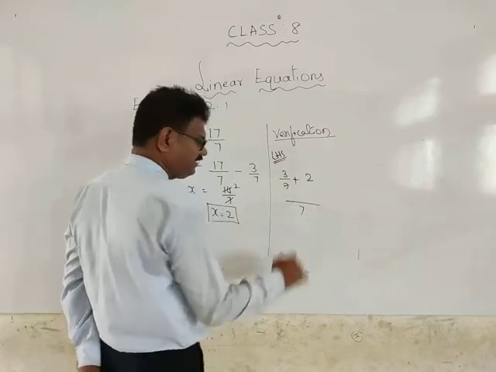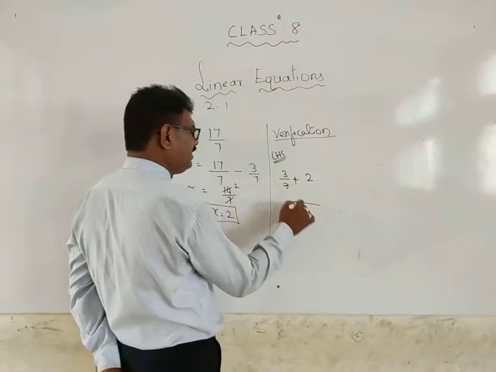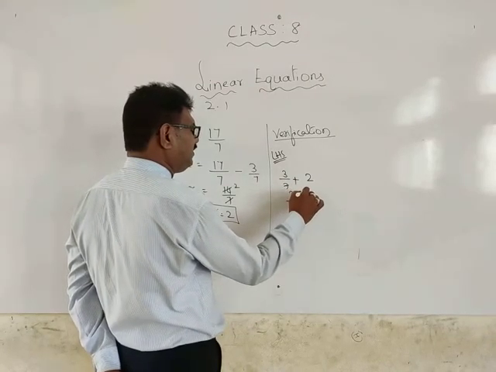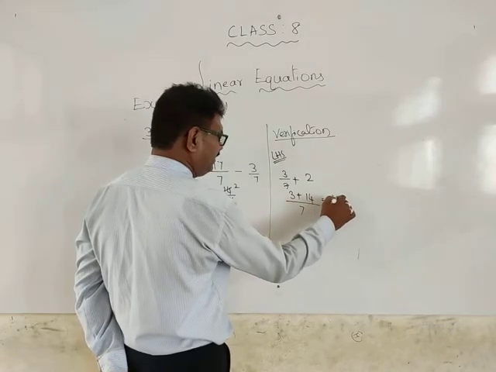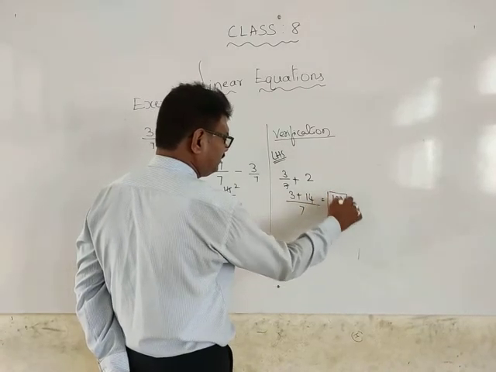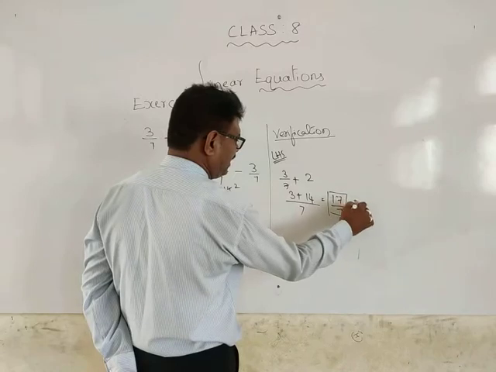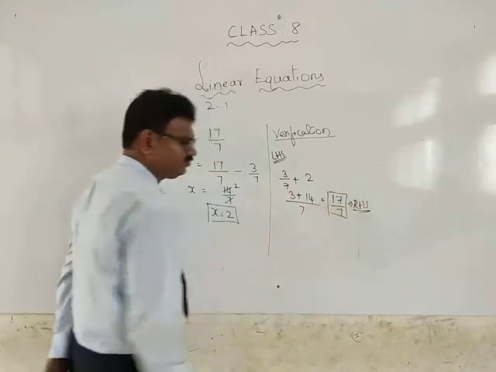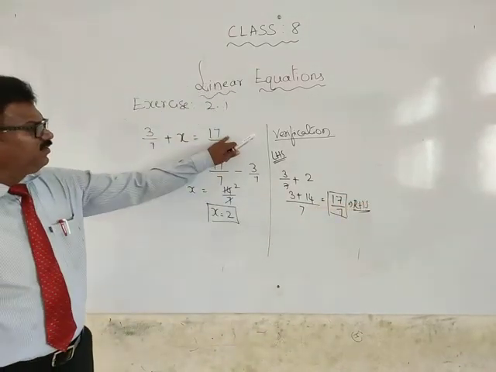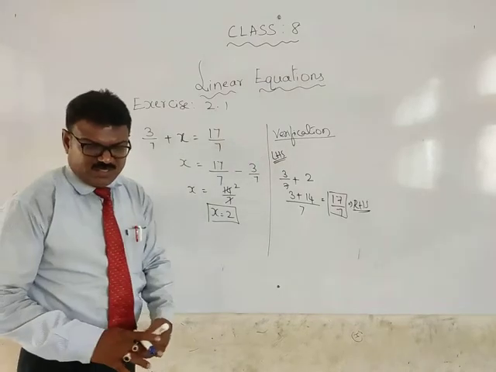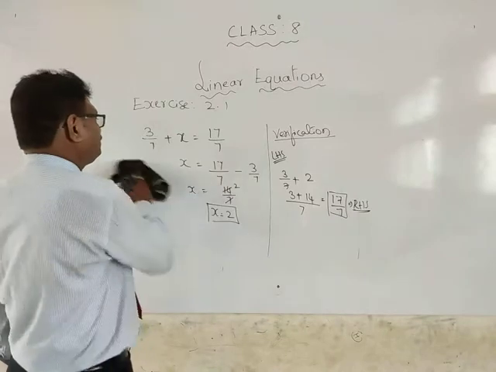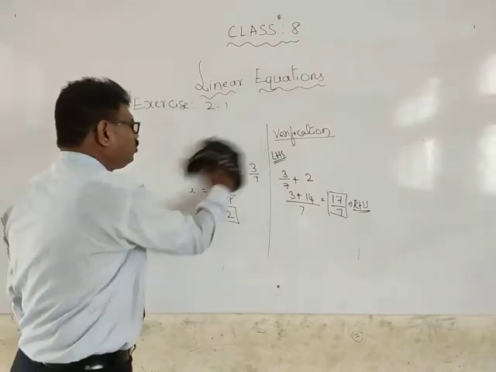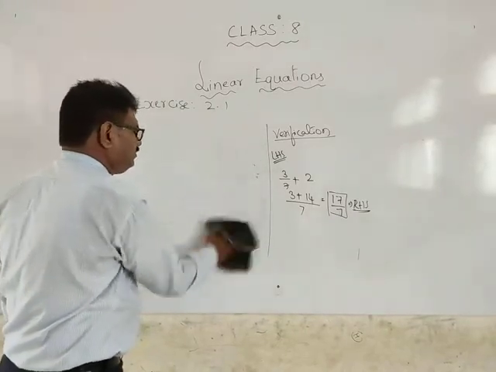Now 7 is the LCM. 3 as it is, 7 twos are 14, so it will be 17 by 7. This is nothing but the RHS. Nobody will ask you for the verification, I told you just for your reference.